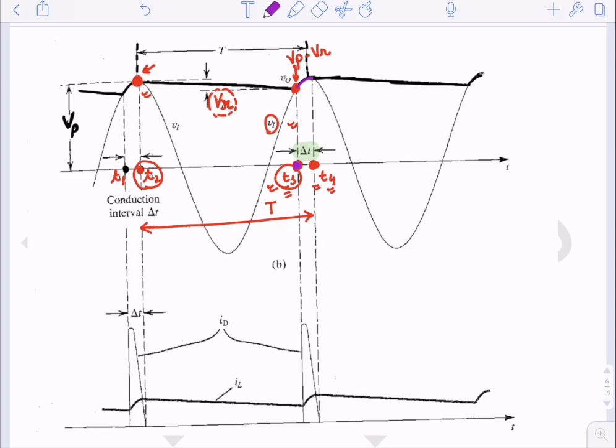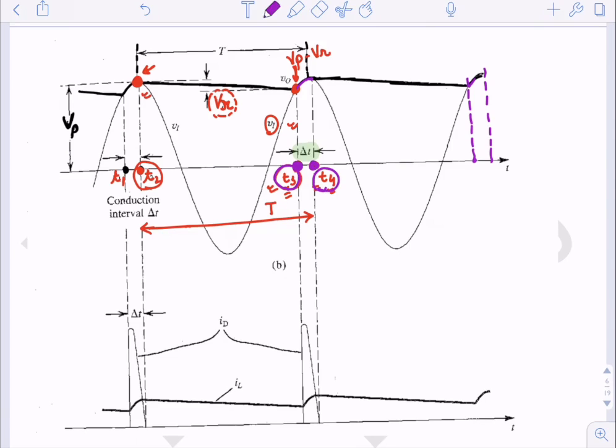Only in this time interval between t3 and t4 the diode will turn on, and then it will turn off, and again it will turn on at this time instant till the maxima of the input, and again it will turn off. So in one time cycle of the input, the diode is turning on only from t3 to t4, that is only for the time duration delta t.